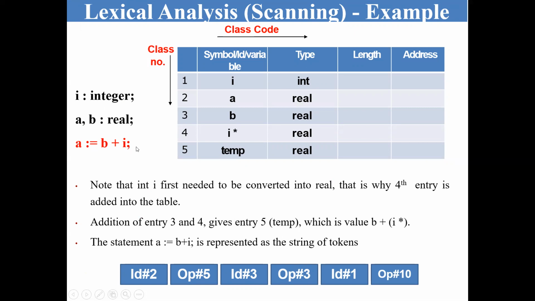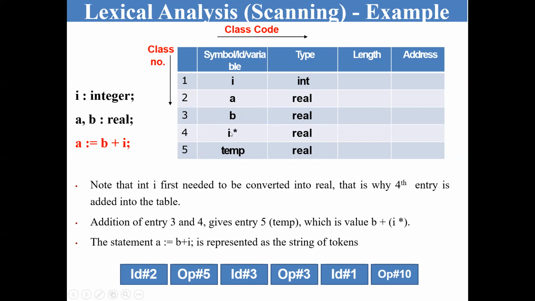Here you have to form the different tables in this lexical analysis. So just consider this example of the symbol table. Here you can see the first symbol, the first identifier, is I. What is the type? That is integer. Now the next symbol you can see is A. What is the type? That is real. Next one is B. Serial number is 3 and this is real.